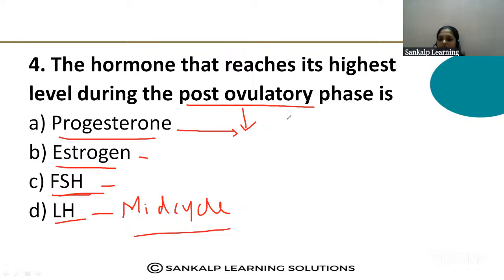Progesterone is secreted by the corpus luteum. Corpus luteum is formed by the ruptured Graafian follicle.